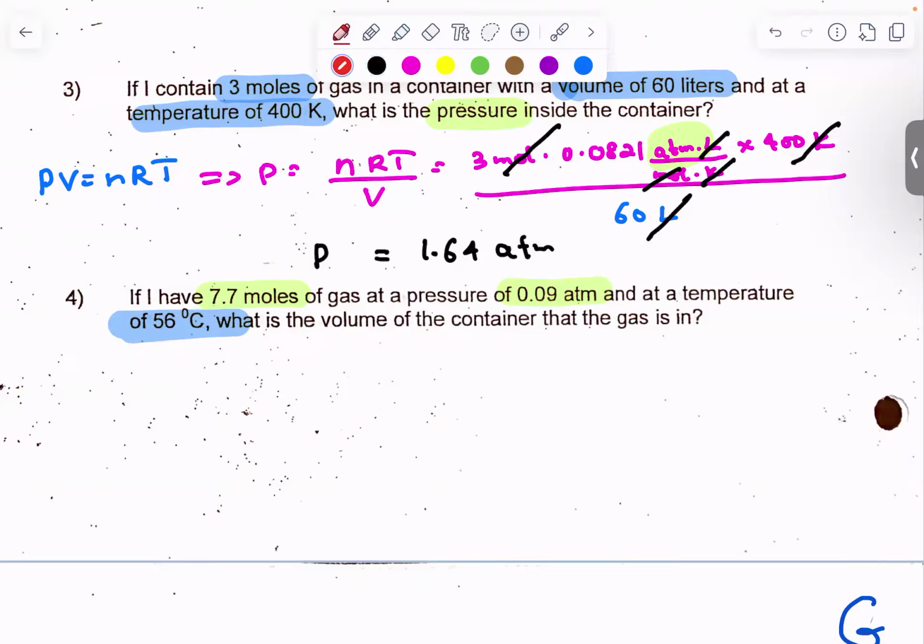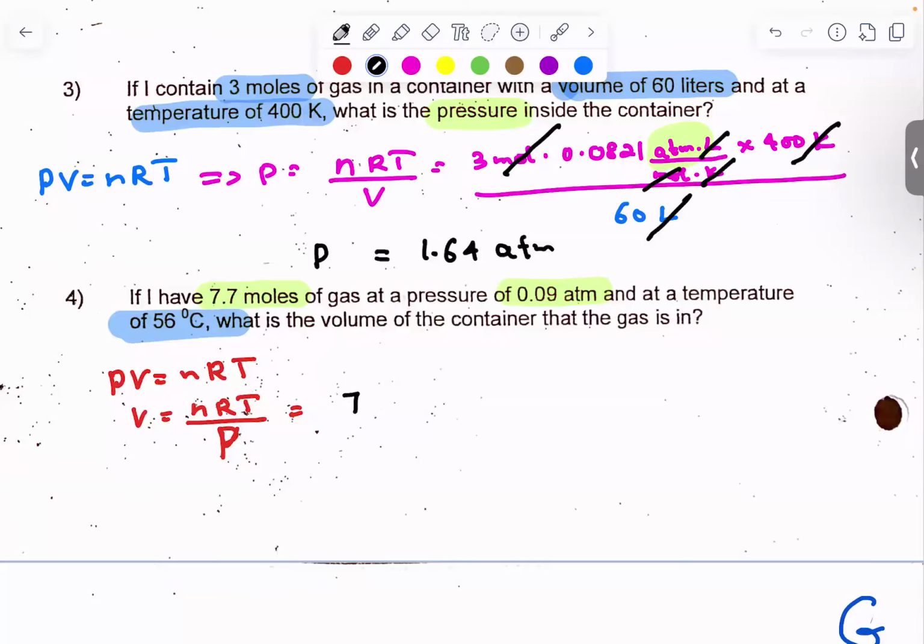Okay. Now PV is equal to nRT and V is equal to nRT over P. So now put down the values.